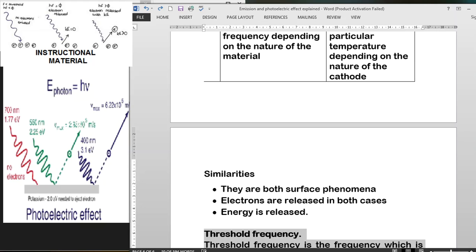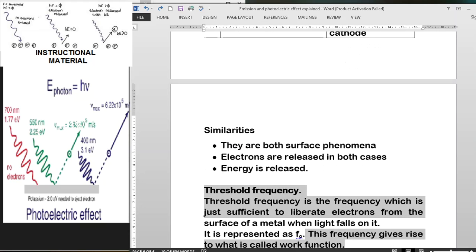That brings us to what we call the threshold frequency. Not at all frequencies are electrons released. Electrons are released at a particular frequency. So there must be a frequency before electrons are released from the surface of a material. That frequency is what we call the threshold frequency.